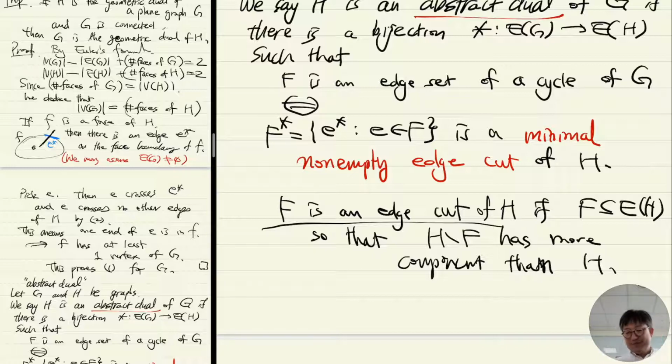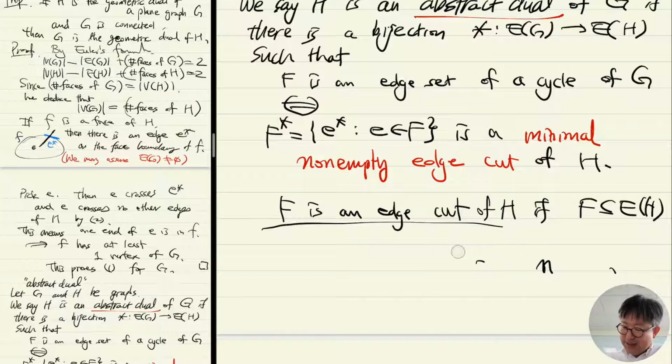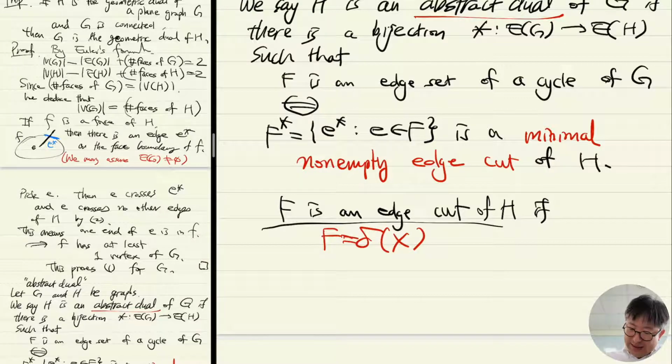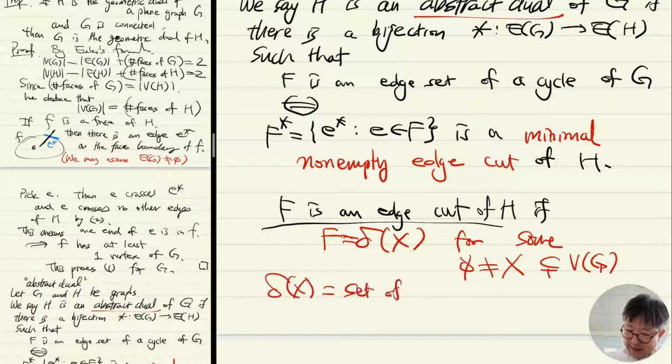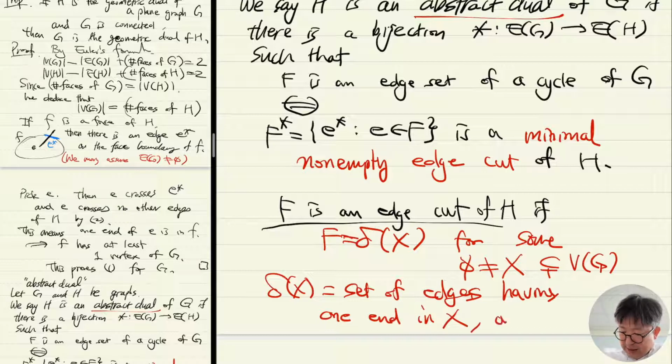Oh, okay. So let me change the definition of edge cut. F is a set of edges delta X for some X which is non-empty and a proper subset of the vertex set. So delta X is the set of edges having one end in X and the other end in the complement, not in X.